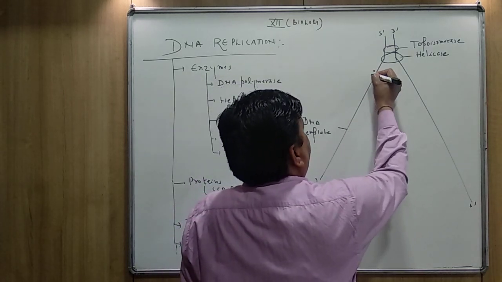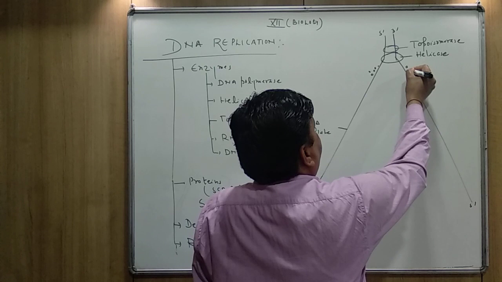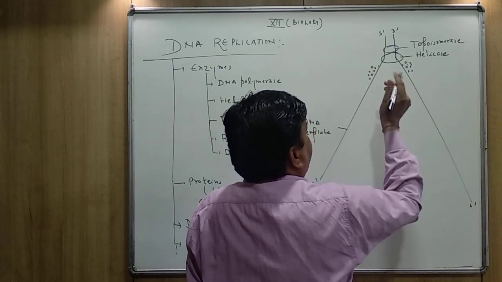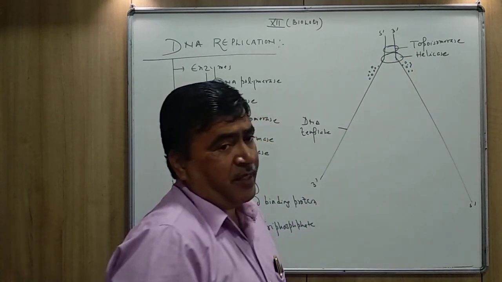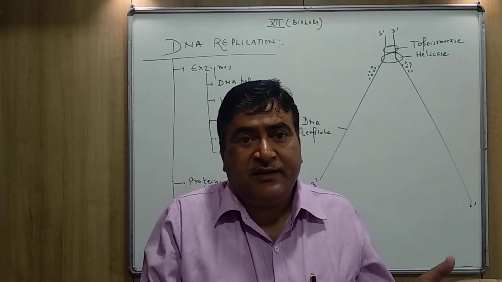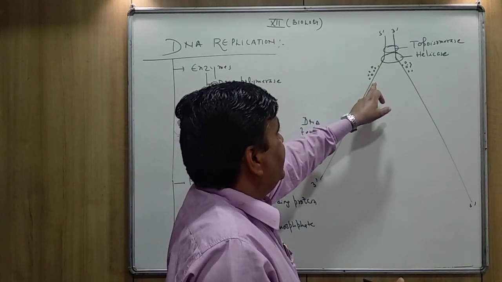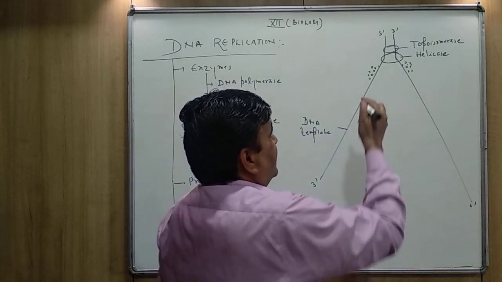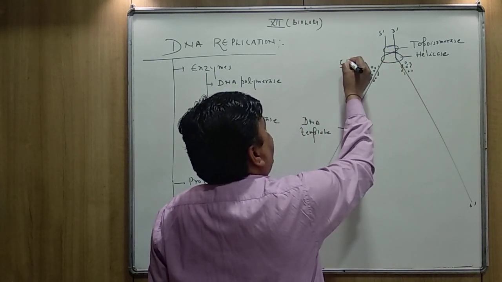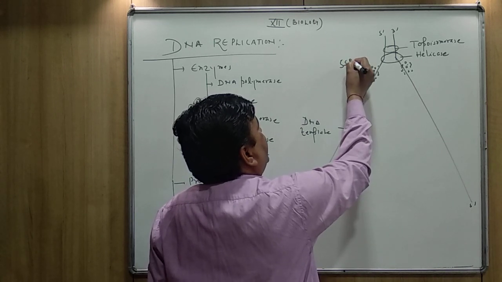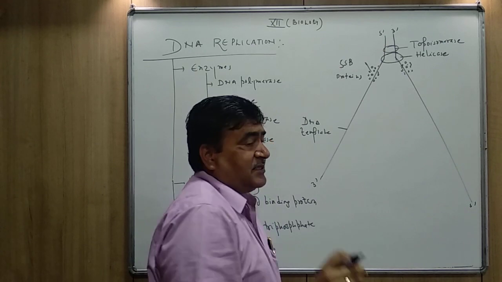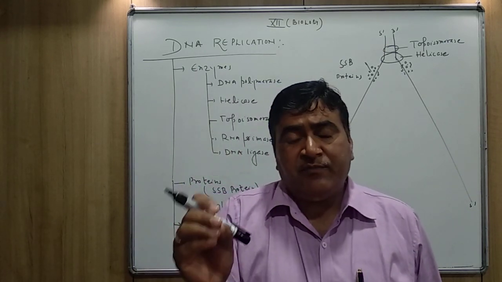Now some proteins are required during the process of DNA replication. You can see when the unwinding takes place, when both the strands are separated from each other, a single strand is being held by some proteins, and these proteins are called SSB proteins, single strand binding proteins.